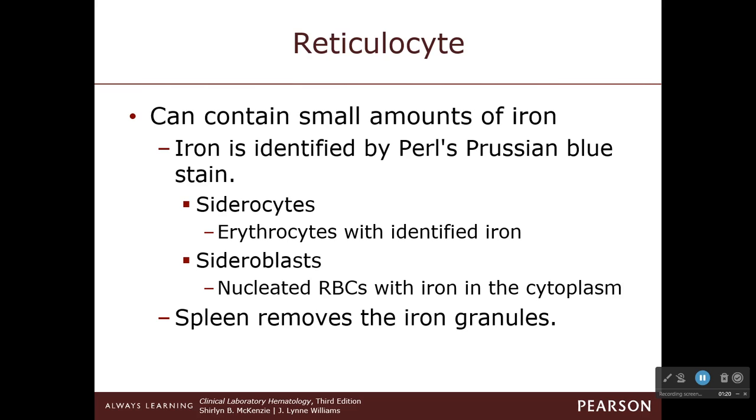If it is a nucleated RBC, no matter what stage it is, from the pronormoblast all the way to the orthochromic normoblast, because it has a nucleus, and you stain it and it has iron in it, then it is known as a sideroblast.